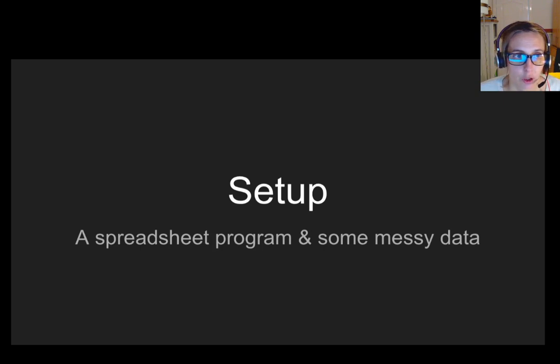So for this workshop, you will need a spreadsheet program and some messy data that we have available for you to play with and which is linked from the lesson material. There are also many spreadsheet programs available. For example, you can use LibreOffice, Microsoft Excel, Numbers, OpenOffice, Google Spreadsheets.